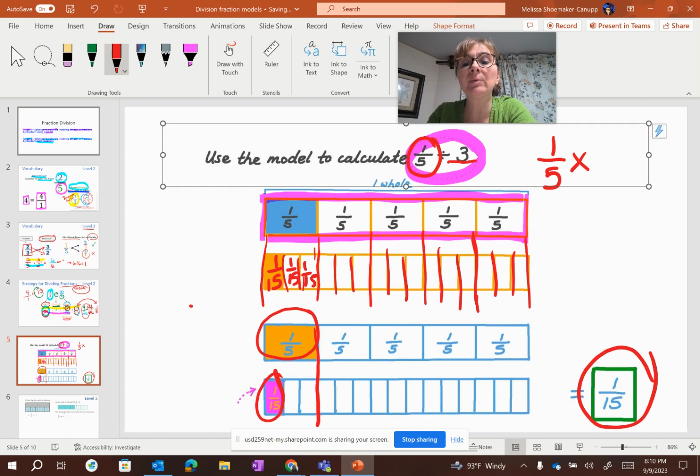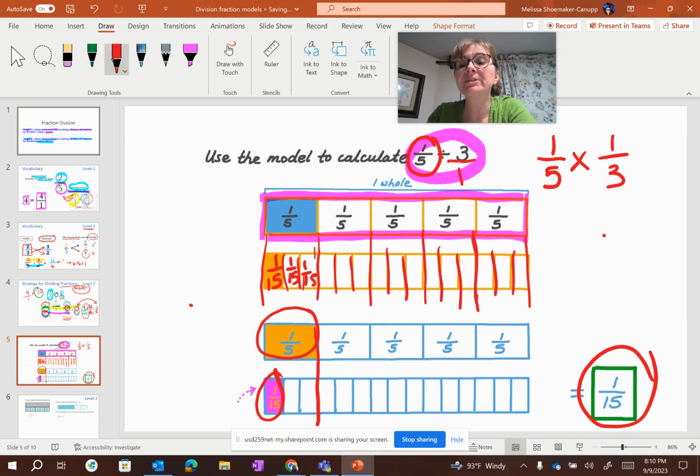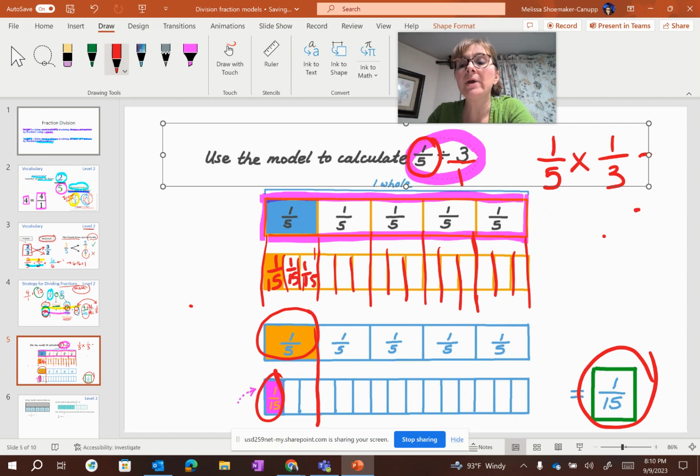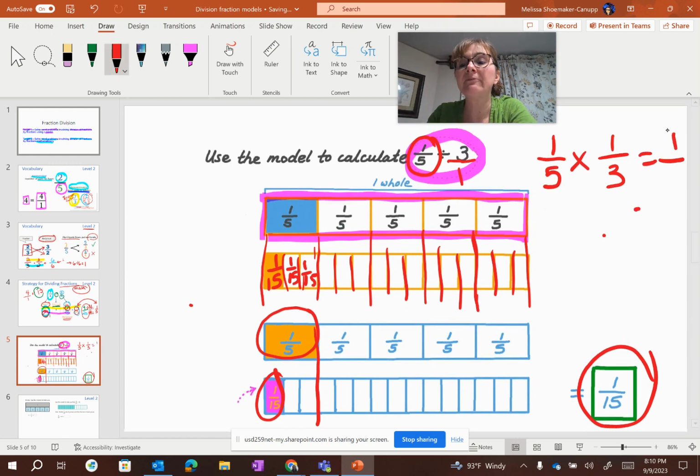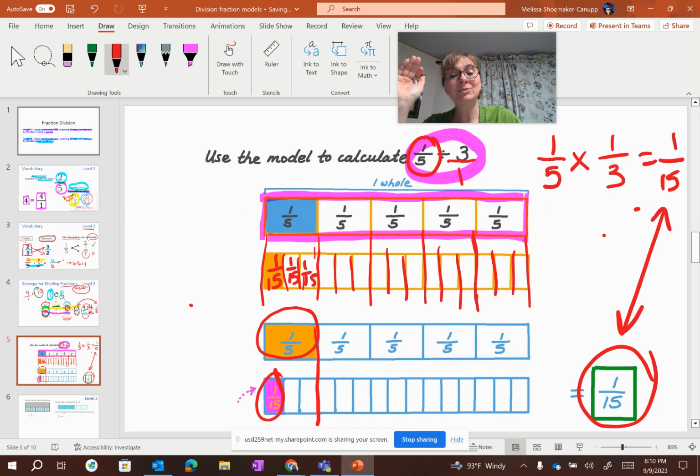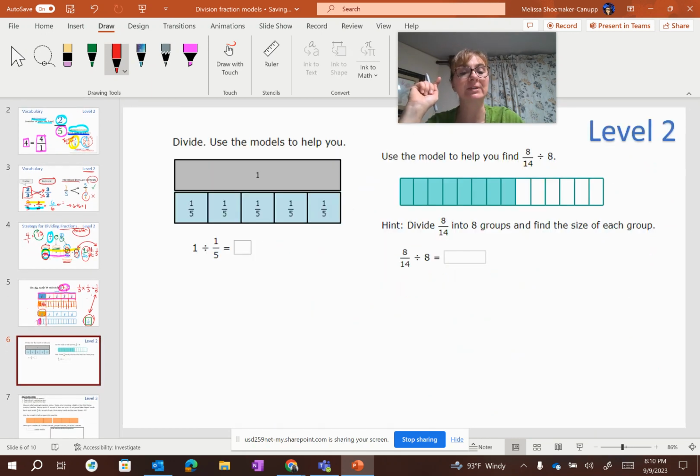Remember in the beginning, we put it over 1, so then I'm going to flip it, use the reciprocal. 1 times 1 is 1, and 5 times 3 is 15. Did we get the same answer? Yes. So anytime you see a model question, you should be able to check yourself with the math, just in case, because sometimes the models can be confusing.